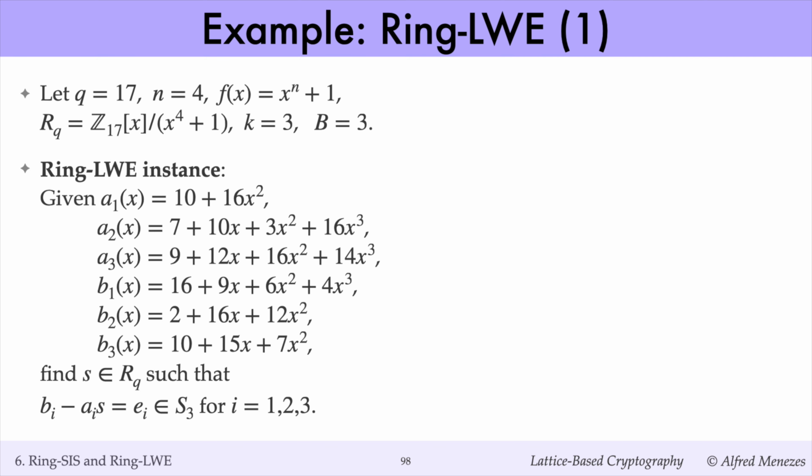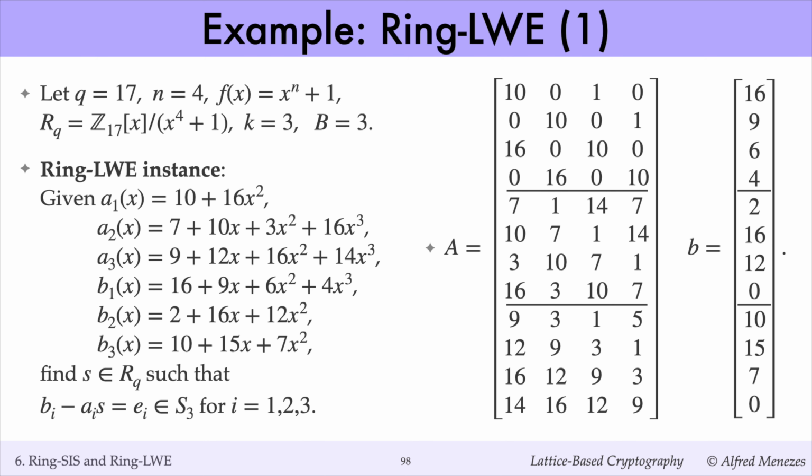The Ring-LWE instance is comprised of the three pairs of polynomials A1 B1, A2 B2, and A3 B3. The Ring-LWE problem asks us to find a polynomial S such that Bi minus Ai times S is a small error polynomial. In other words, Ei has coefficients between -3 and 3.